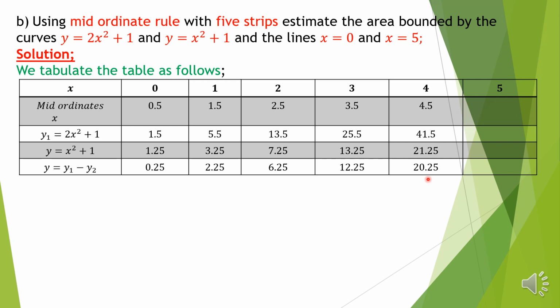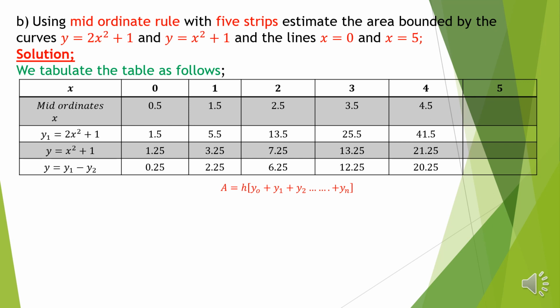Once I have these mid-heights, I'll proceed on to the formula, and we know that the formula for the mid-ordinate rule is the height multiplied by the summation of the mid-heights.